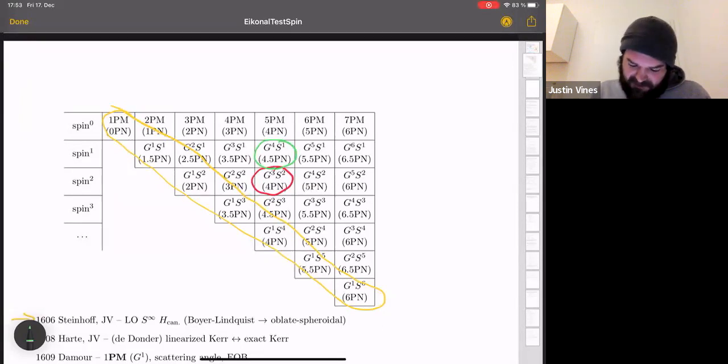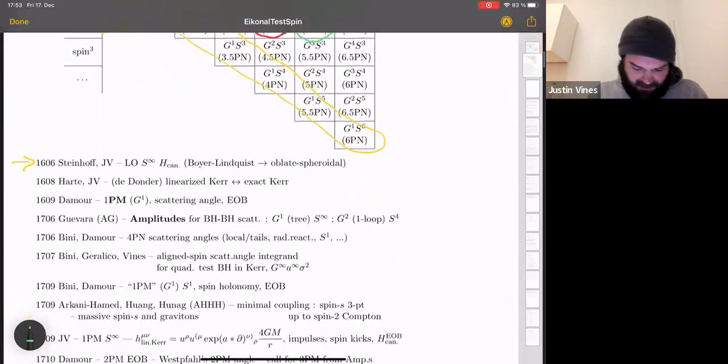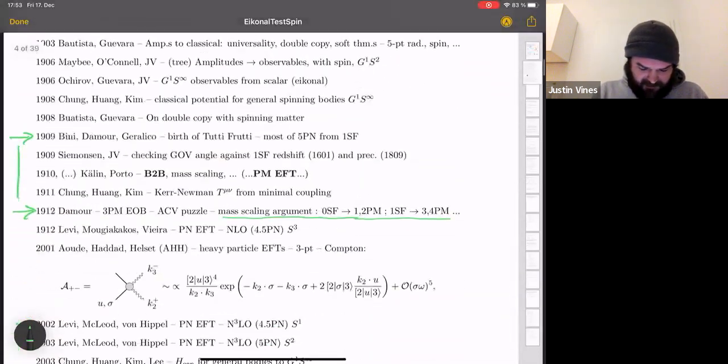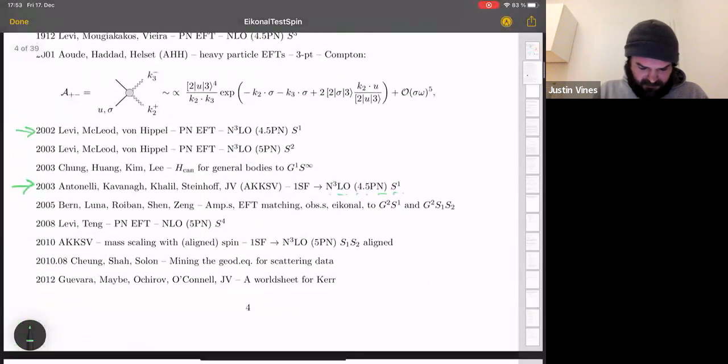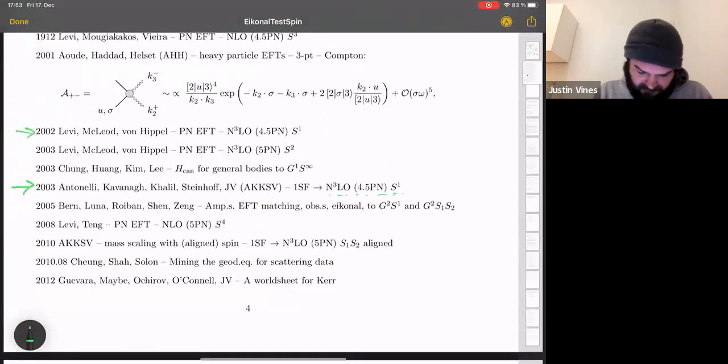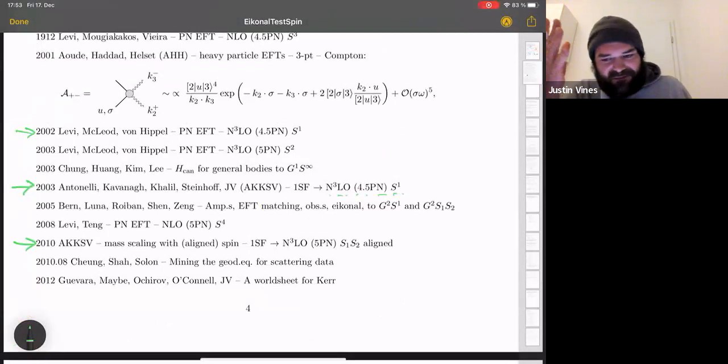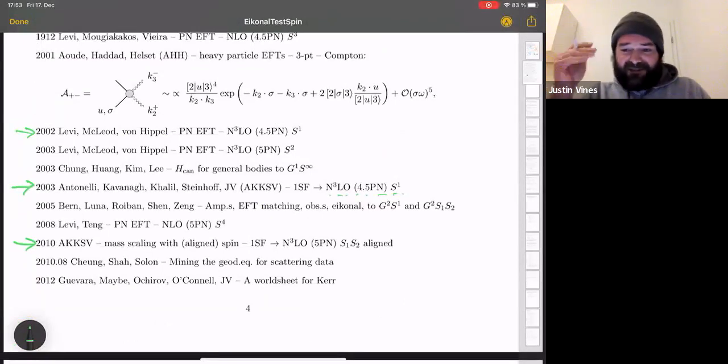Let me also circle this one in green, where the same authors did not do the full spin squared, just the spin 1, spin 2 part, and not for precessing spins, but only aligned at 5PN. And that's that second green thing I just circled on the table.